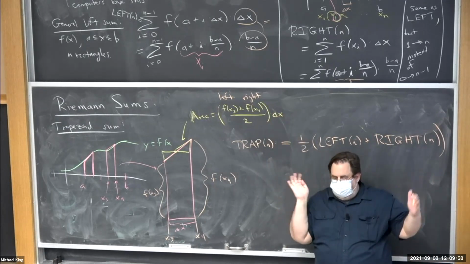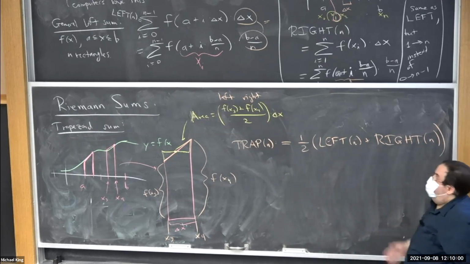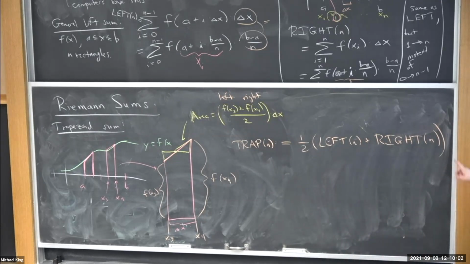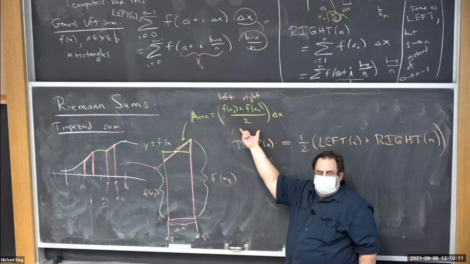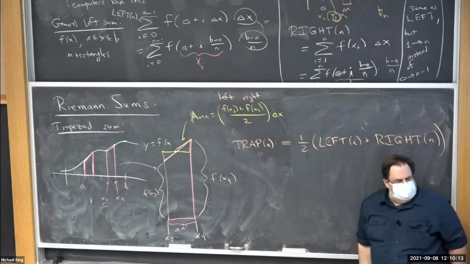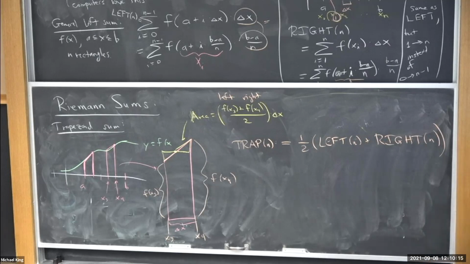I can write it all out, but if I added those two sums together and rearranged stuff, and took a half, I could get something like this expression. Is that at least plausible? You're willing to go with me on that?